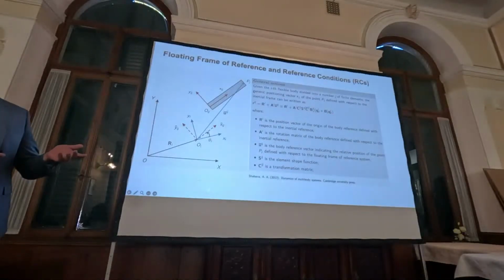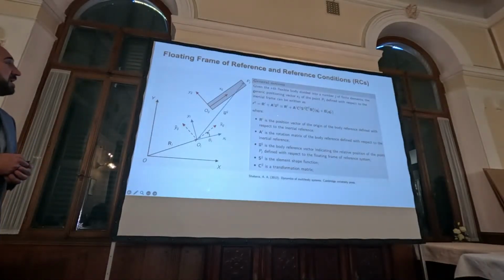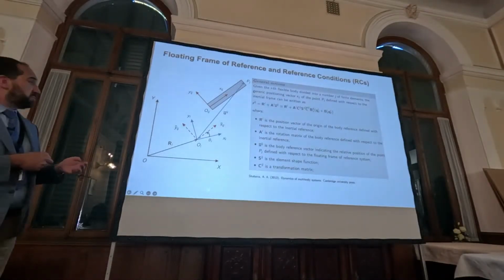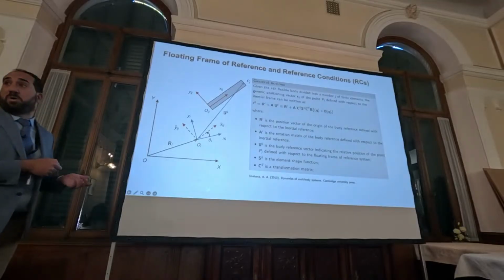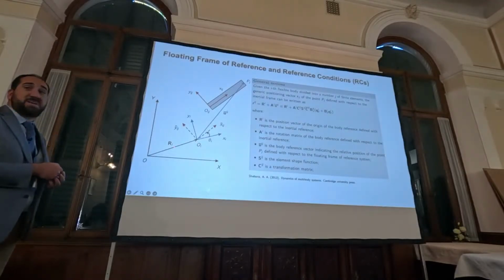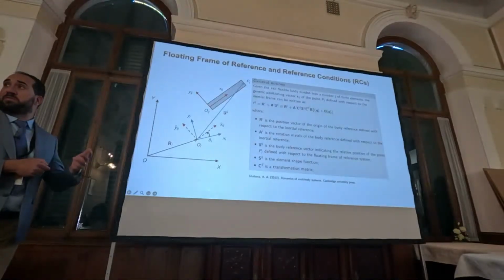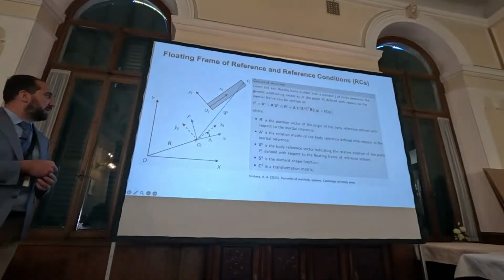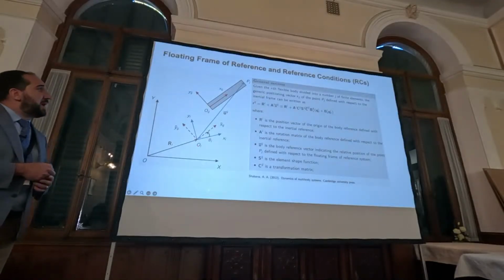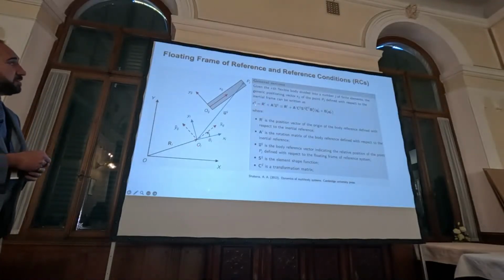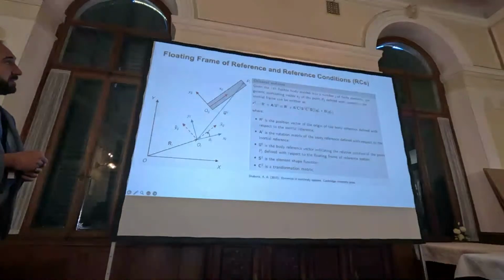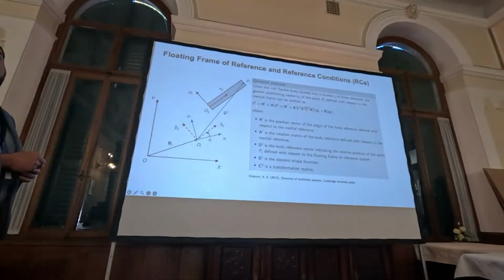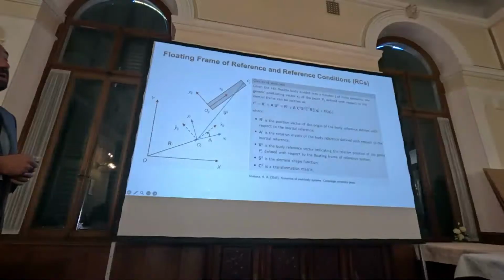What is the gross motion? You have a point of your body, so you consider the displacement and the rotation of this frame with respect to the inertial one. Then the position of one point of this body is given by the position of the floating frame plus the rotation matrix multiplied by a local vector.